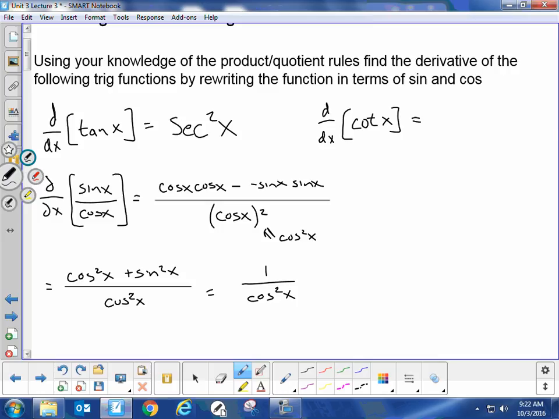Just for fun, go ahead and do that same kind of procedure to figure out the derivative of cotangent. So I'd write cotangent as cosine over sine, and then I would go from there.